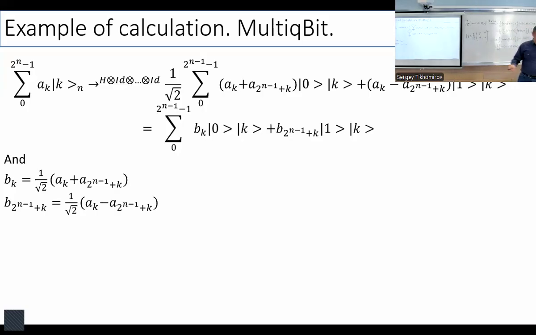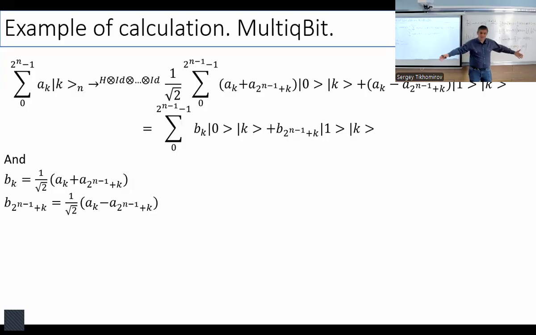This is a state which I can represent just in the form with coefficients, which I call B with indexes. I know that one b is equal to 1 over square root of 2 times sums, and the other b is equal to 1 over square root of 2 times differences. And in one operation, we made all these calculations.